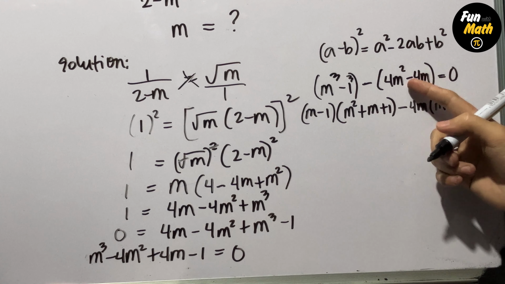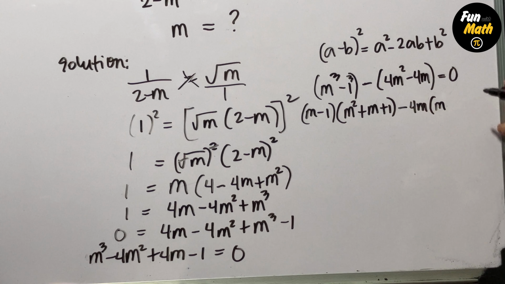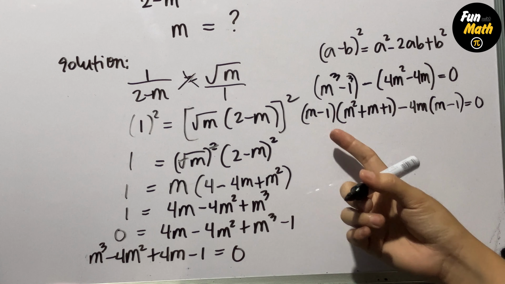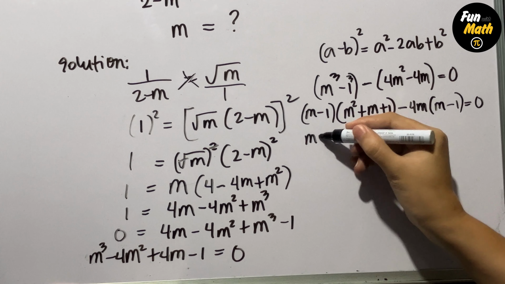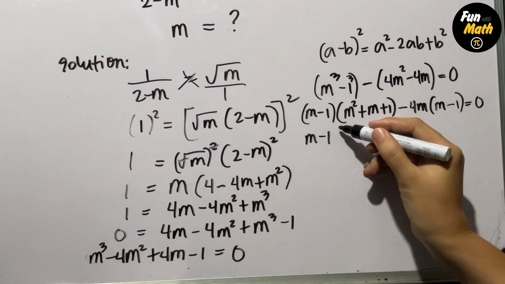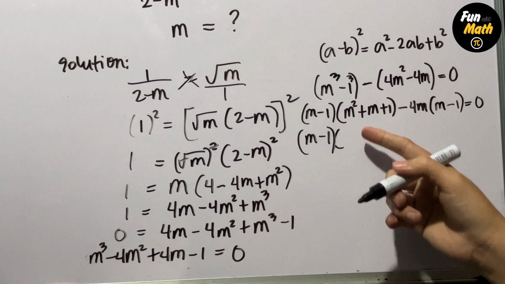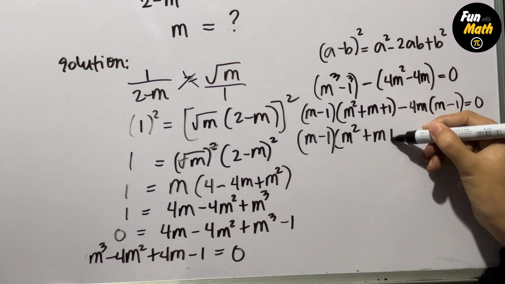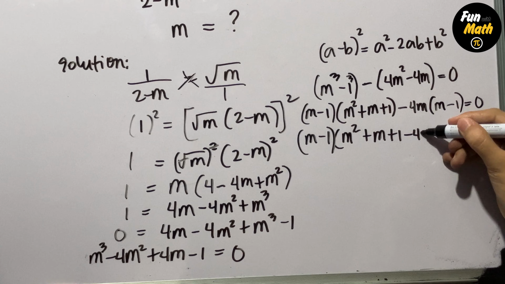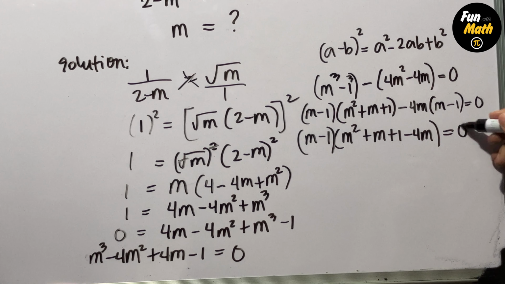And then negative 4m divided by 4m, that is negative 1, equals 0. Now we have a common factor, which is m minus 1. So let's take it out. m minus 1 times the remaining m squared plus m plus 1 minus 4m equals 0.